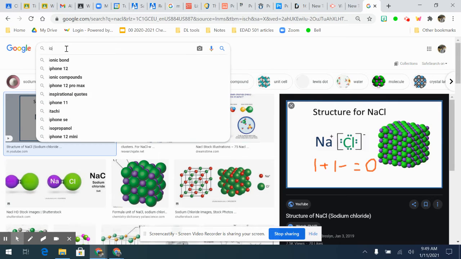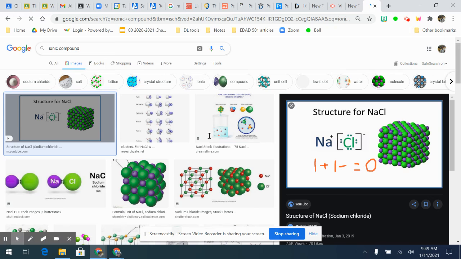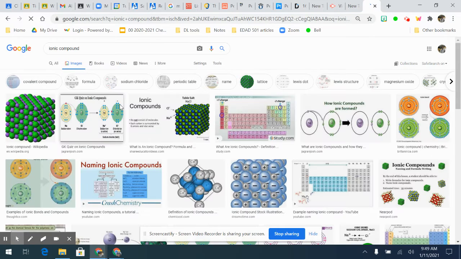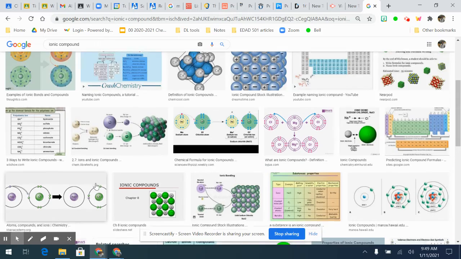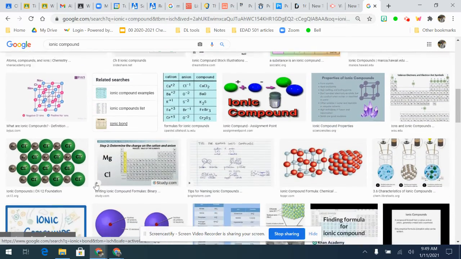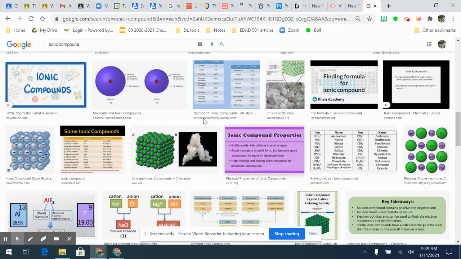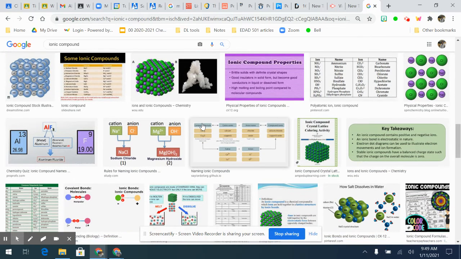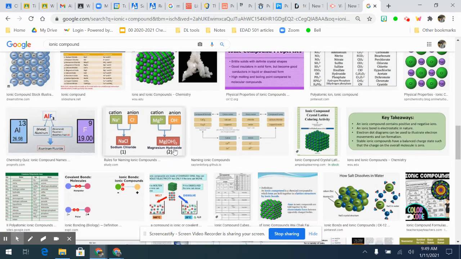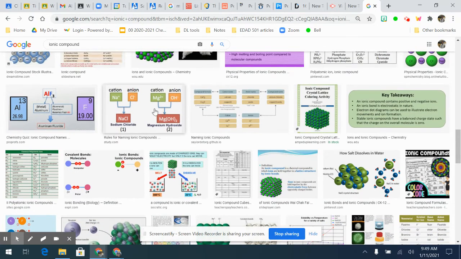Let's look at any ionic compound. We can look at Mg(OH)2.